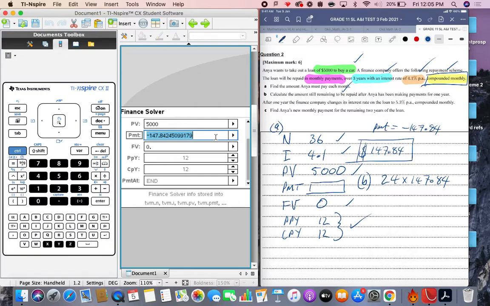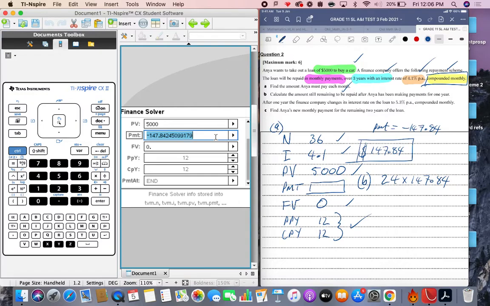While I borrowed 5,000, I'm going to eventually pay back more than 5,000 because that's how interest works and loans, okay? So the total I'm going to pay back is 36 times the 147.84. I've already paid back 12 lots of it, so I've still got 24 lots of it to pay back.